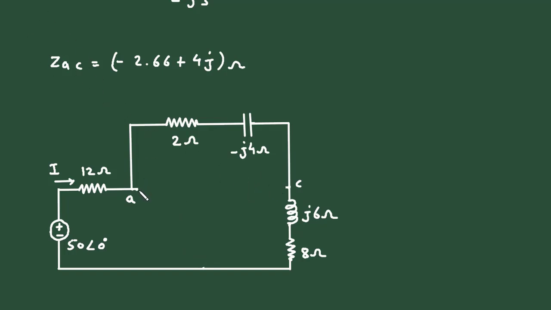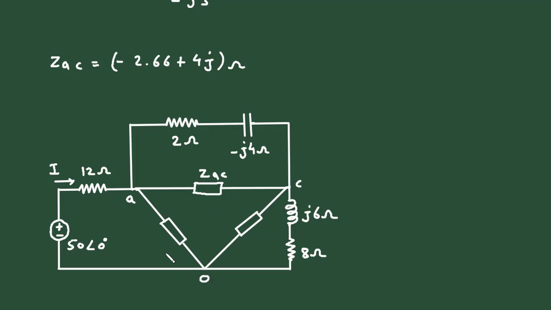So the equivalent delta will look something like this. So now this will be ZAC. Let's say we are assuming this as O. So this is ZAO and this is ZCO.